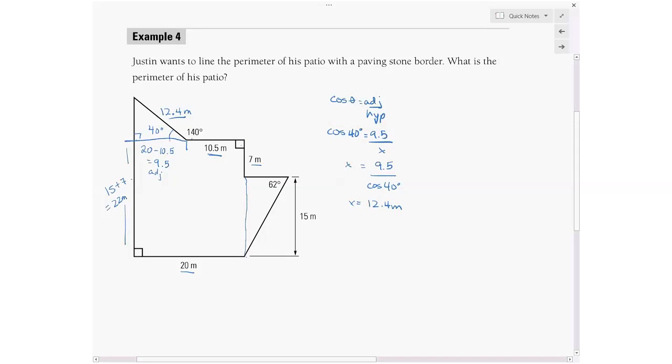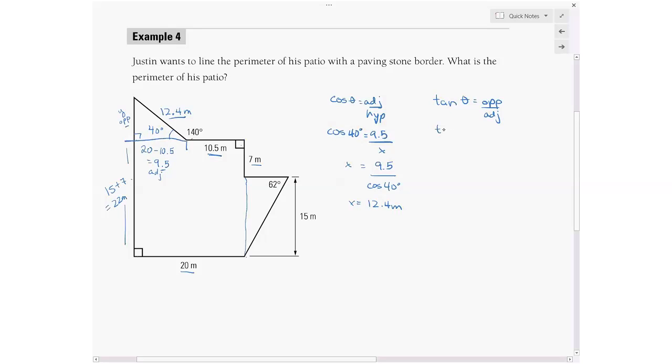Okay, so I can do that again. I'm going to use the 9.5. If I look at this, this is now the opposite. Let's call it y. I'm going to use the 9.5, which is my adjacent, and my y, which is opposite. So that's tan. Tan of theta is opposite over adjacent.